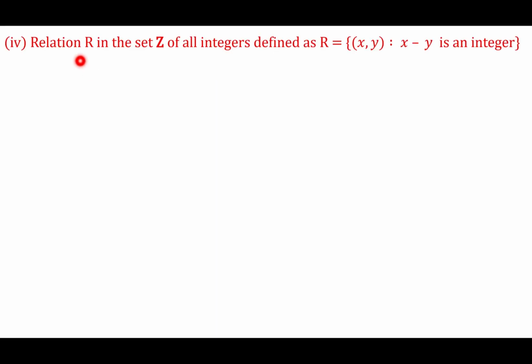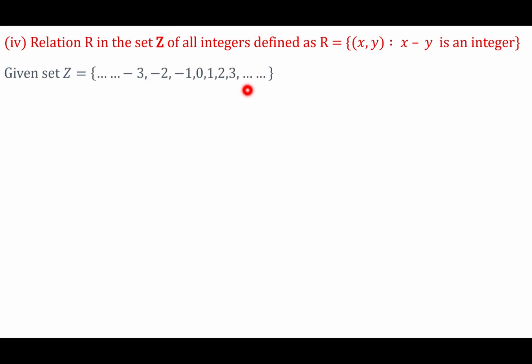Question 1, part 4. Relation R in the set Z of all integers defined as R equals (x, y) such that x minus y is an integer. Given set Z is the integers.